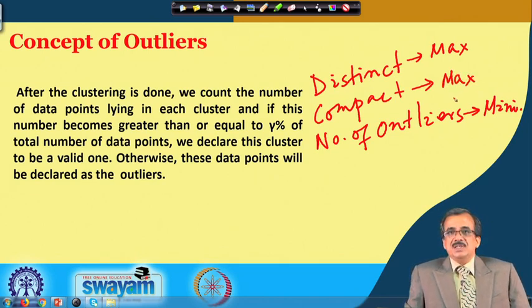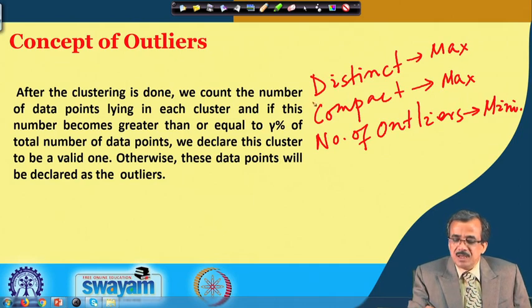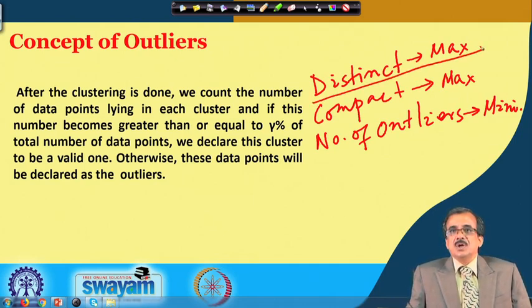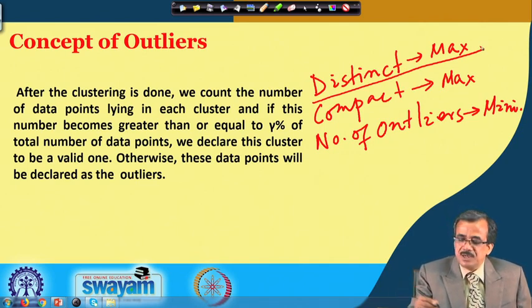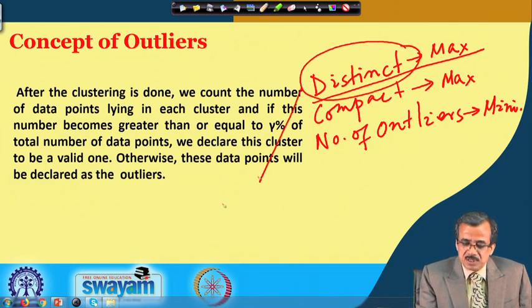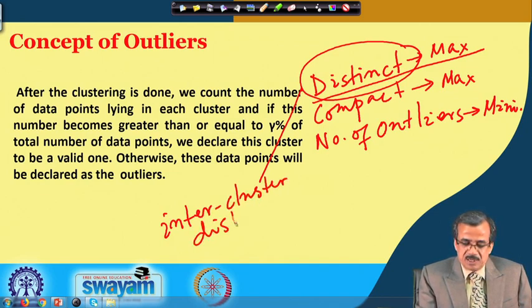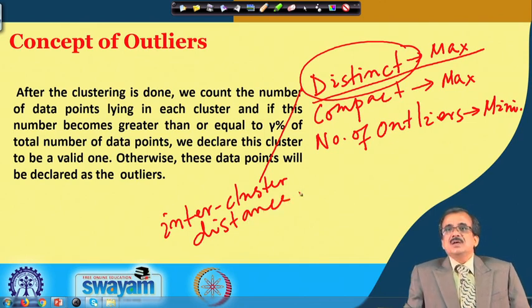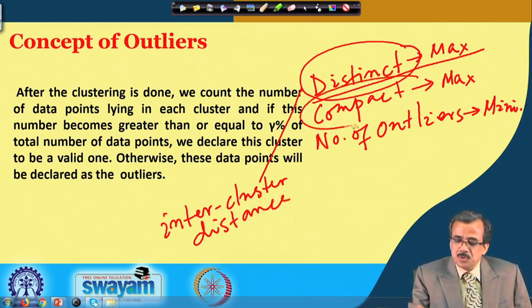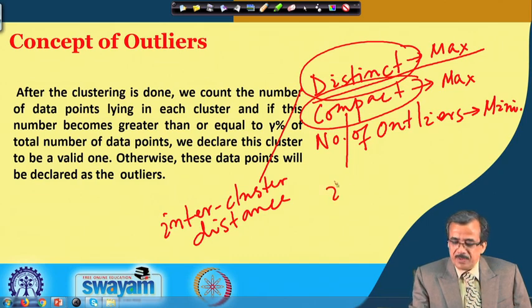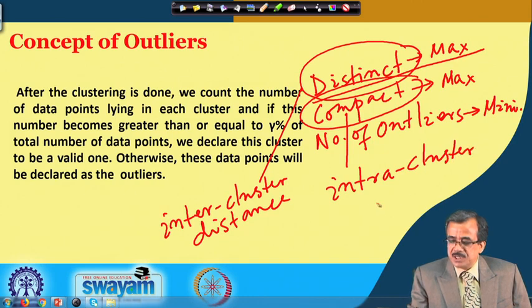Now, I have already discussed in the last lecture that to measure the distinctness of the clusters, we consider intercluster distances. So, to measure the distinctness we consider intercluster Euclidean distance, and to measure the compactness we consider the intracluster Euclidean distance values.